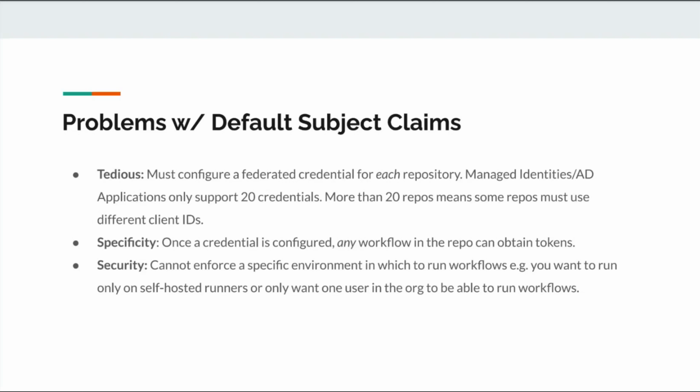So for example, on Parapath's environment, we are sort of locked down and we only want to run these Terraform workflows on our self-hosted runners, in case there's a GitHub runner compromise, since we manage our own self-hosted runners. And you can't really do that with the default subject claims.